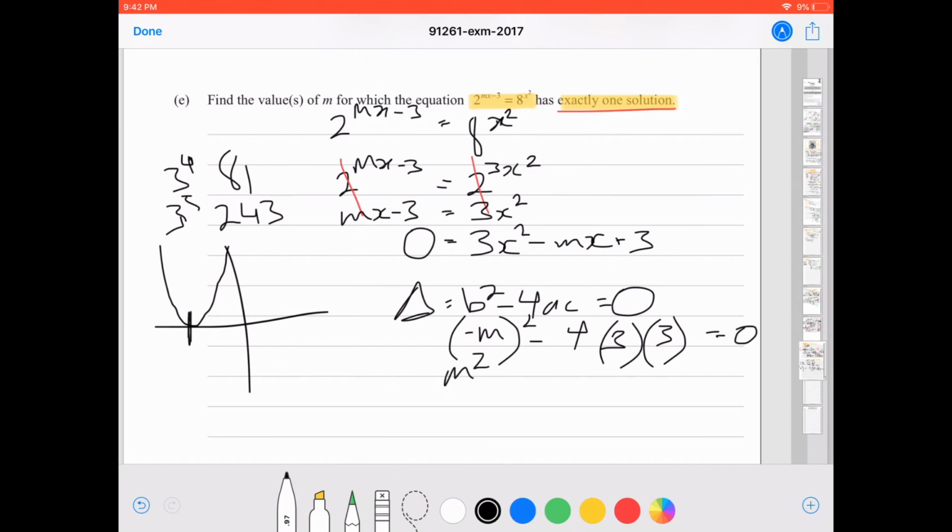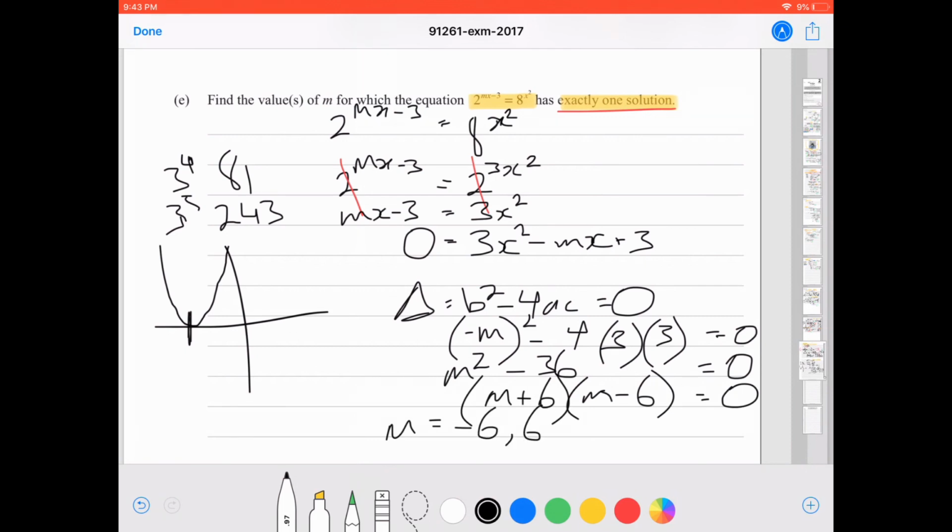So m squared, what is it? Minus 12 times 3 is minus 36 equals 0. This is difference of squares. m plus 6, m minus 6 equals 0. And so therefore m equals minus 6 and positive 6. And I don't think we have to do any further working in this case.